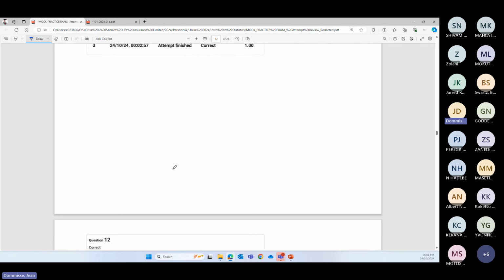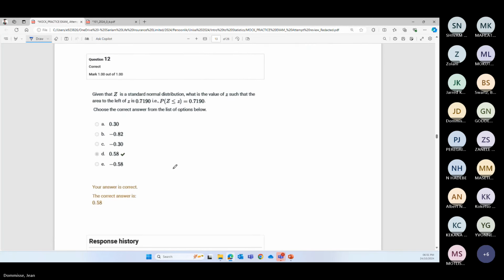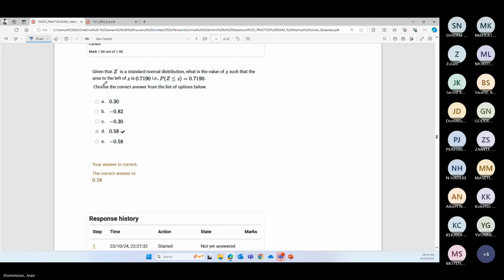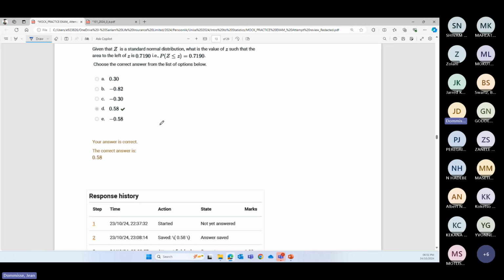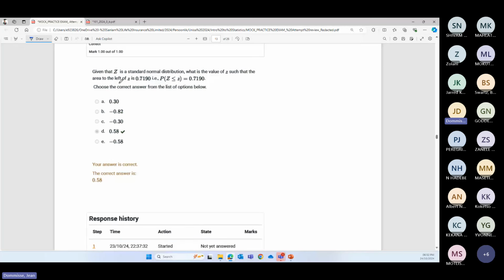Okay, so let's look at another one. So we had something similar last night, but last night we needed to look between two Z points.